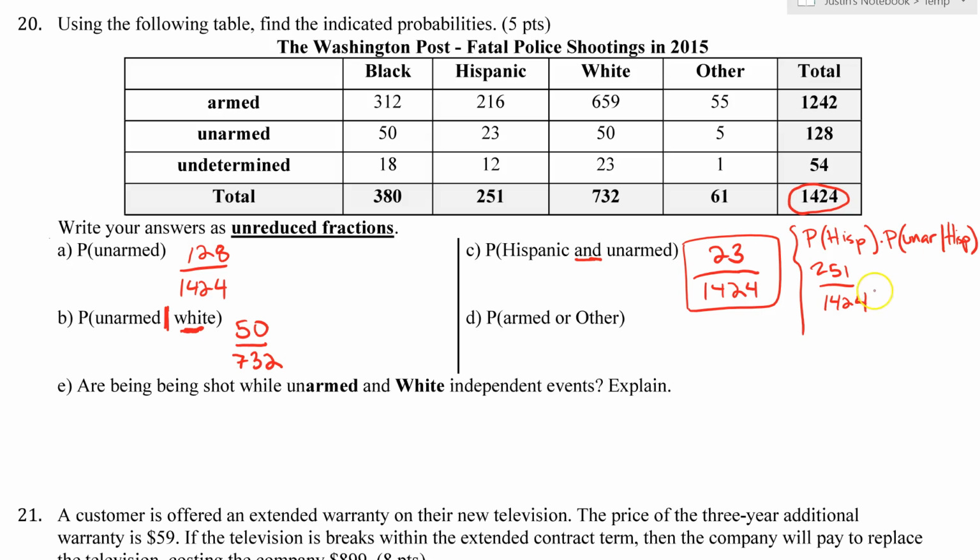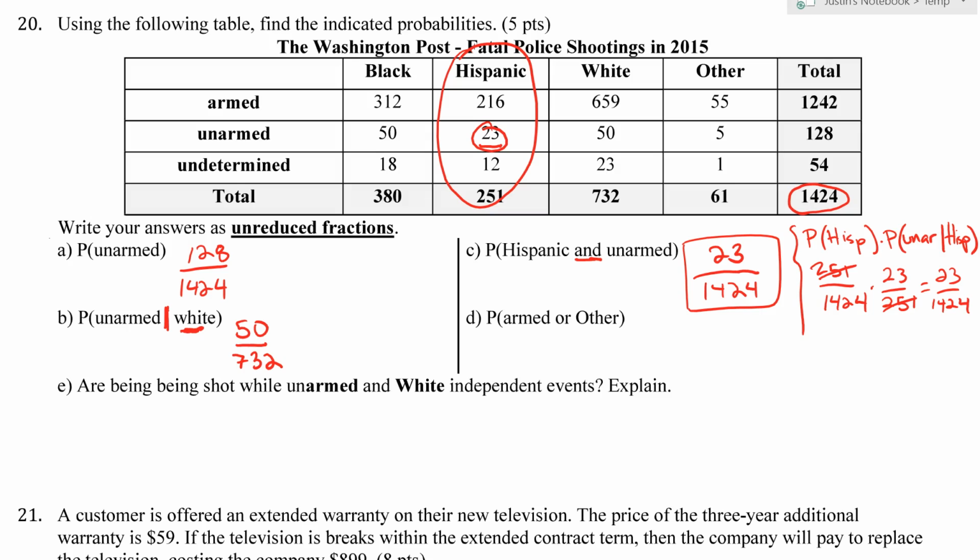And then we have times the probability that they're unarmed given Hispanic. So it's only out of the Hispanic people, what's the probability that they were unarmed, which is 23. So we have 23 out of those 251. And what we find is those 251s just end up canceling out and we get the same answer. So we didn't have to go through all that extra work. If you can just understand what the and means, it means they're in both categories, which are those 23 people.